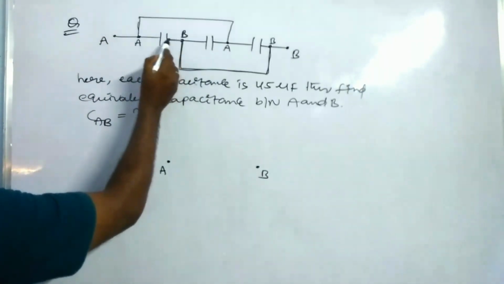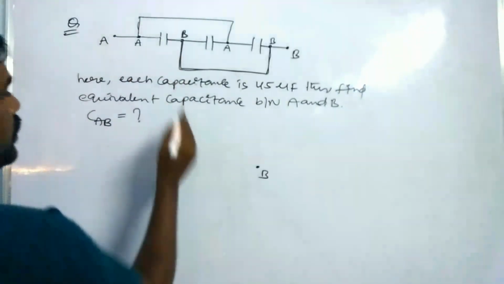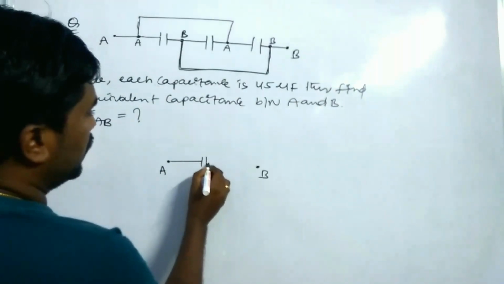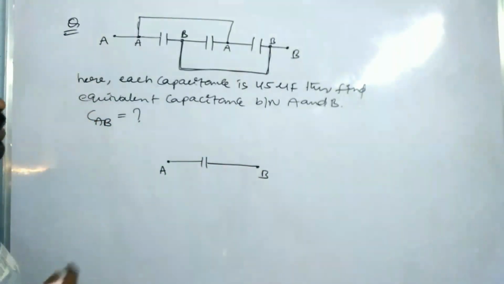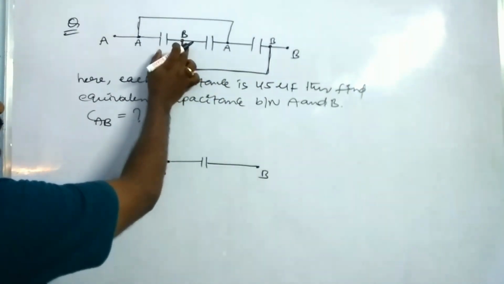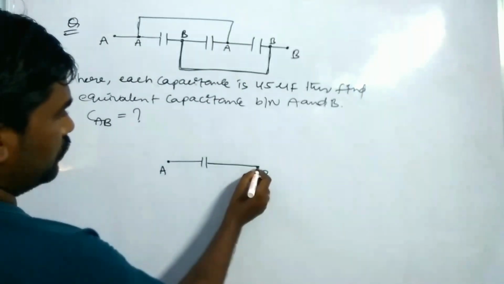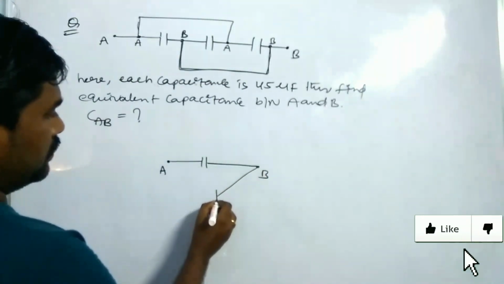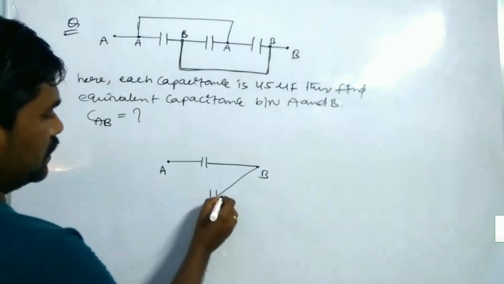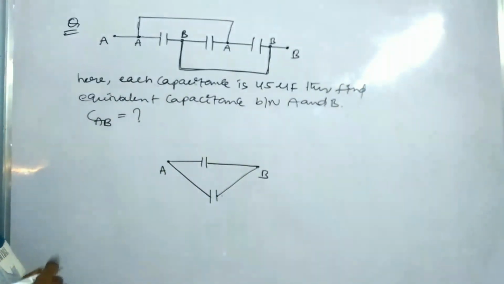This is the end of the first capacitor. From A to B there is a capacitor, the first capacitor. Coming to the second capacitor, the first end is B, the second end is A, right?